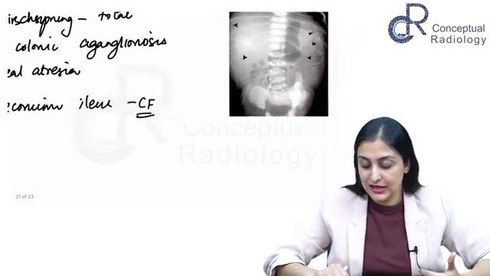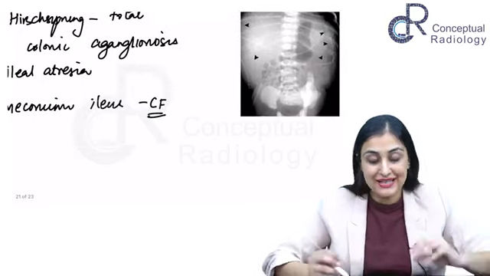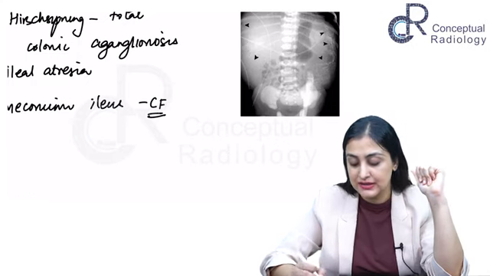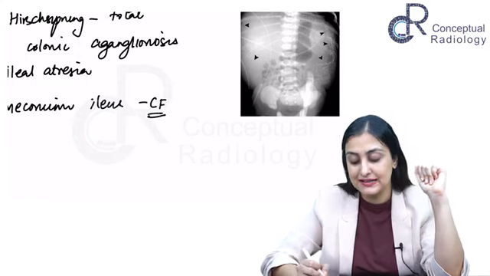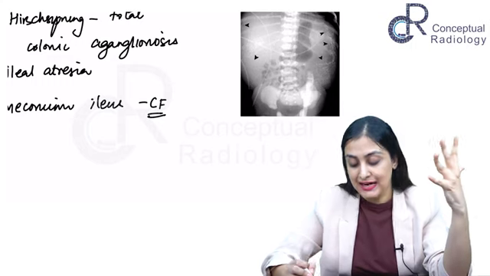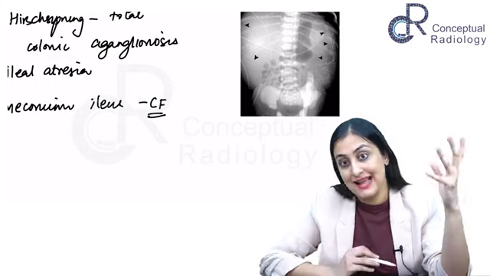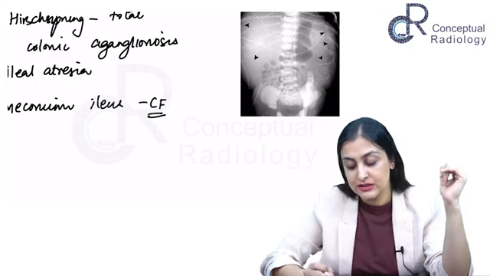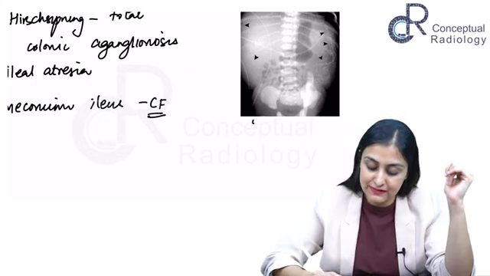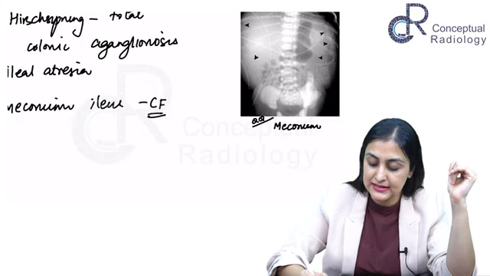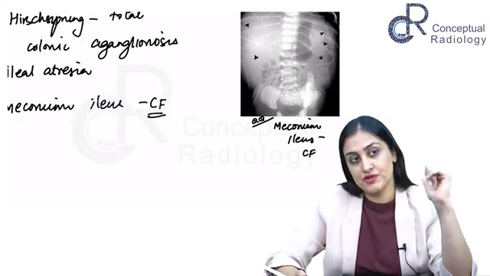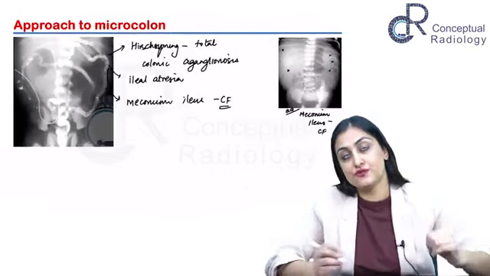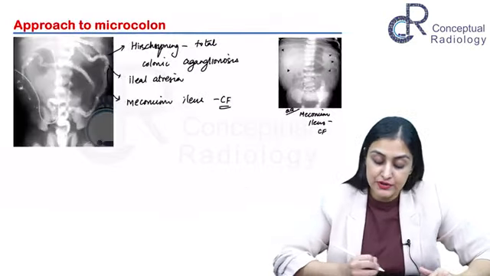Because of the meconium being inspissated and obstructing the intestine, you're going to have dilated small bowel loops, and you can also see these stippled calcifications here, which are nothing but the meconium. So this is a very, very important spotter for meconium ileus, and they can ask you what you have to rule out, and you're going to say cystic fibrosis, right? So again, one of the differentials for a microcolon appearance.